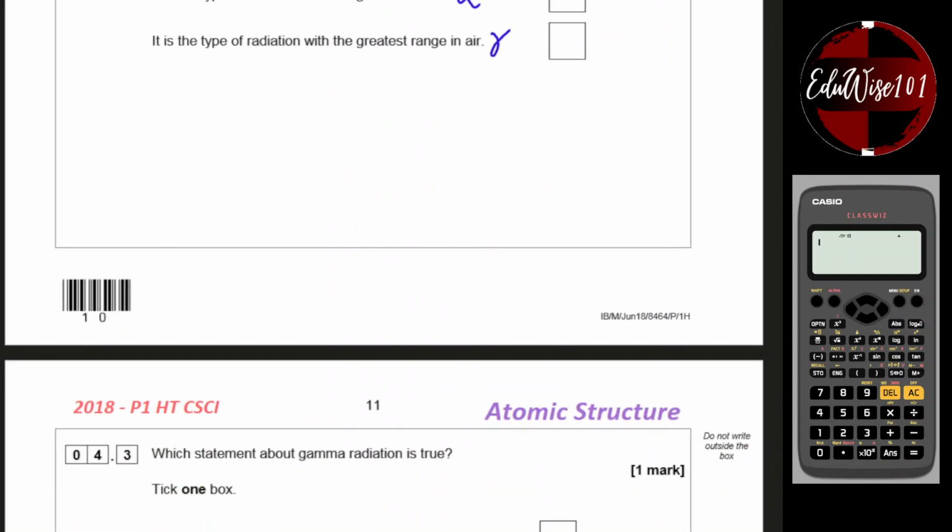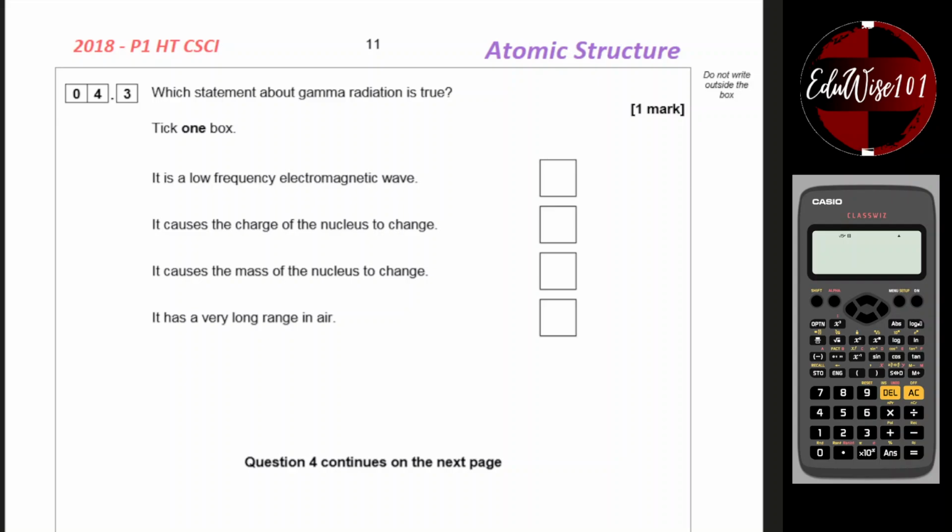Next question. 4.3. Which statement about gamma radiation is true? It is a low frequency electromagnetic wave. No, gamma has the highest frequency of all the electromagnetic waves. Radio waves have the lowest frequency and the highest wavelength.